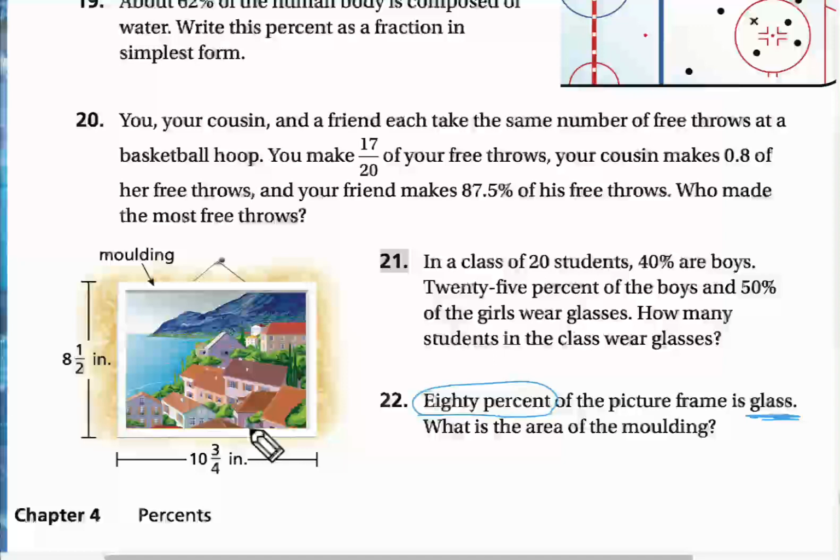So what is the percent of the molding? If the total is 100%, so it's 20% because we have 80% glass. So you should do it like this. You should find first the area. And what is the rule for the area? Okay, let's do it.